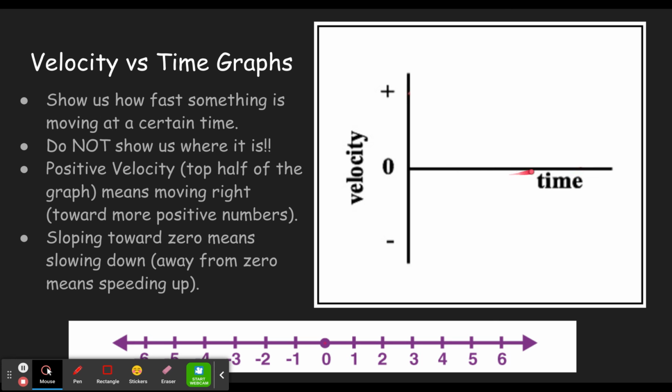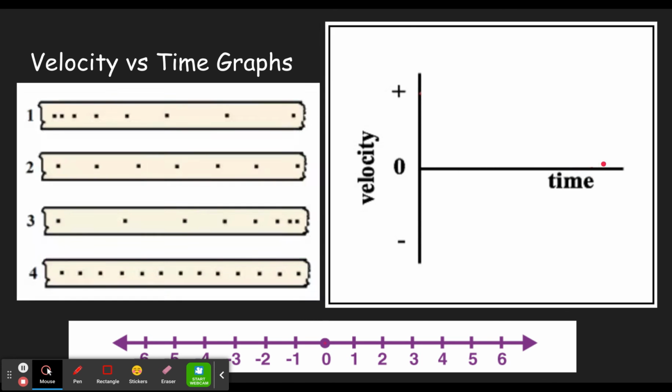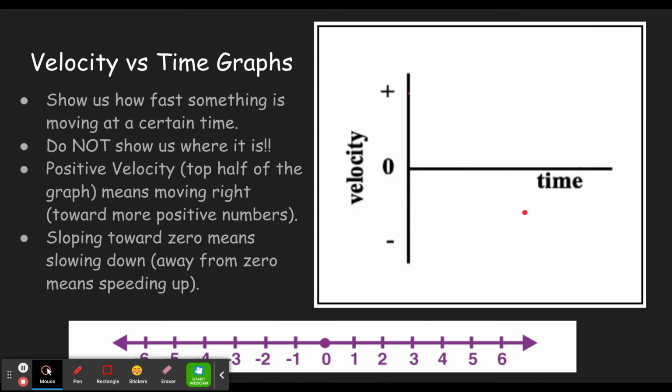Anytime your marker is on this line, it means you're stopped. If you're crossing it like that, at the moment where it touches, at that instant, you are stopped because your velocity is 0. You were going right, you crossed at that time, you're not moving at all, and then you're going to the left in the negative direction. So sloping towards 0 means slowing down.